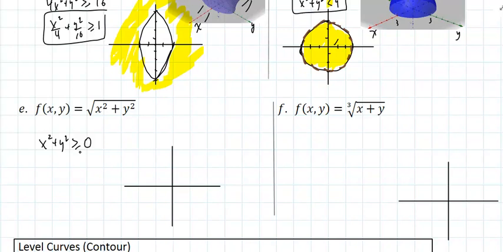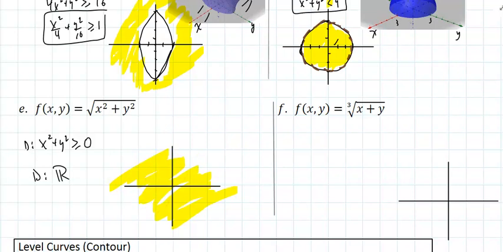That's everything, isn't it? That's everything. Right? They equal 0 if X is 0 and Y is 0. And no matter what you pick for X, no matter what you pick for Y, that's going to be bigger than or equal to 0. So the domain is really pretty much all real numbers. There's no restriction.